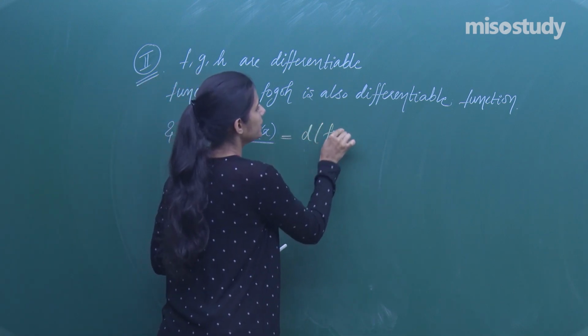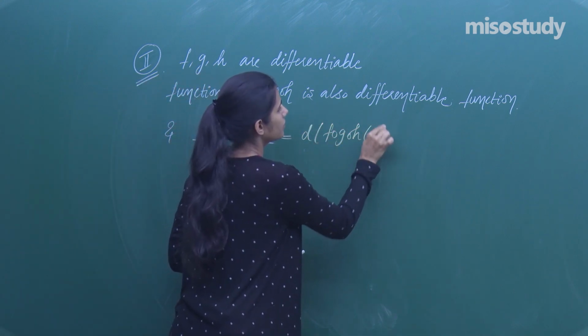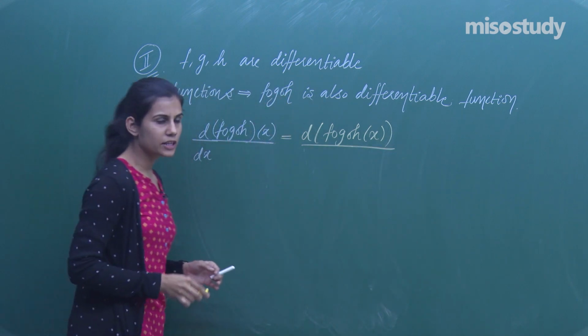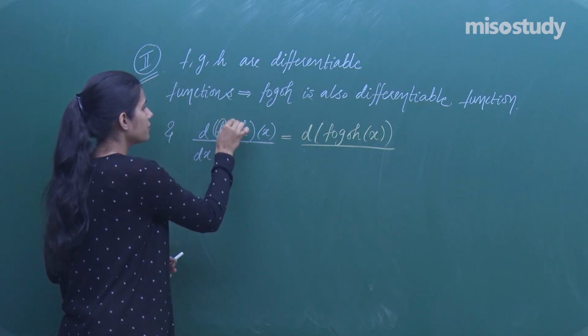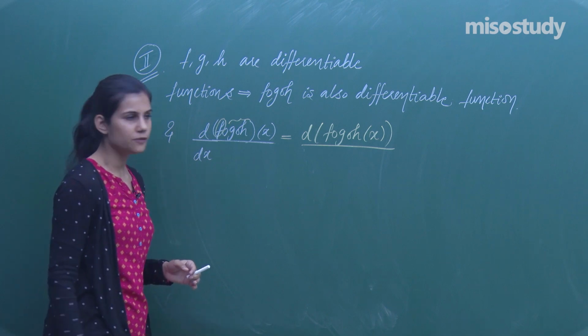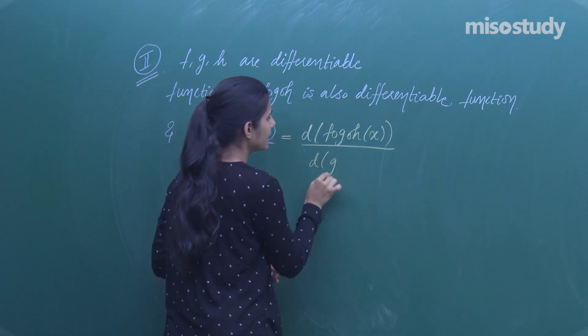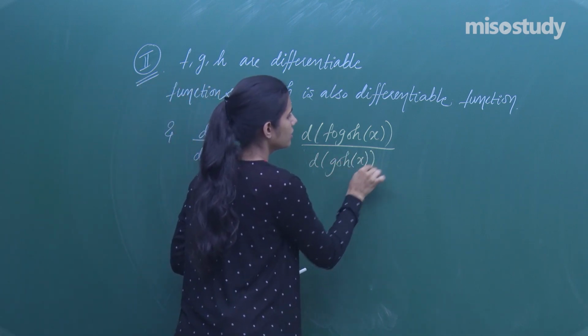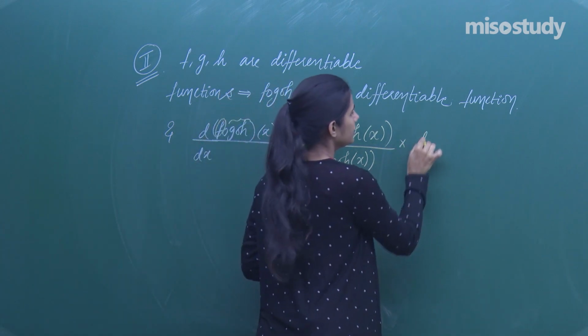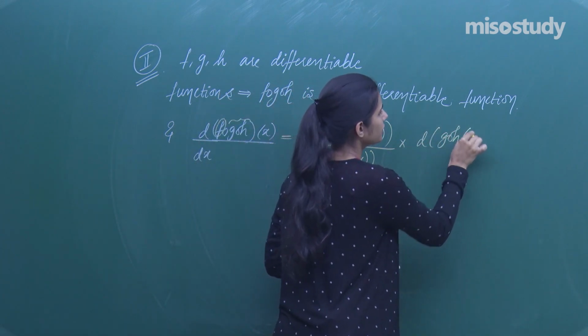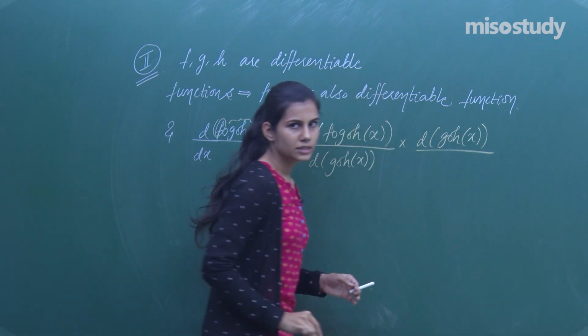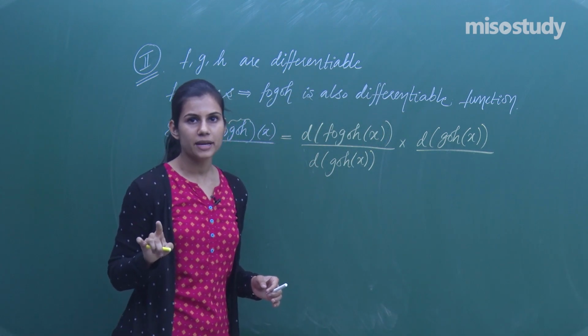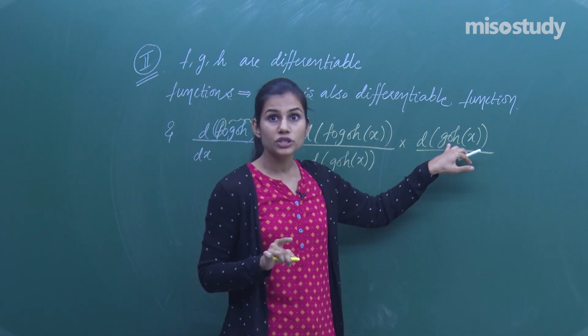Derivative of this complete function with respect to the latter function. If I take f as my former function, complete g∘h is my latter function. So with respect to the latter function, multiplied by differentiation of the latter function with what? Right now you cannot say with respect to the independent variable x. Right now it is a composition of two functions.